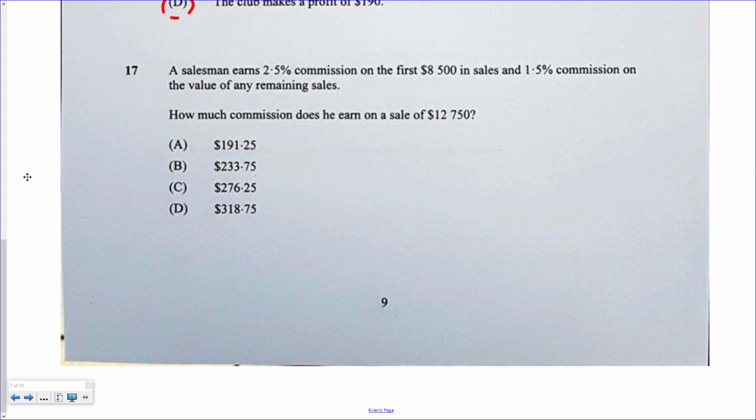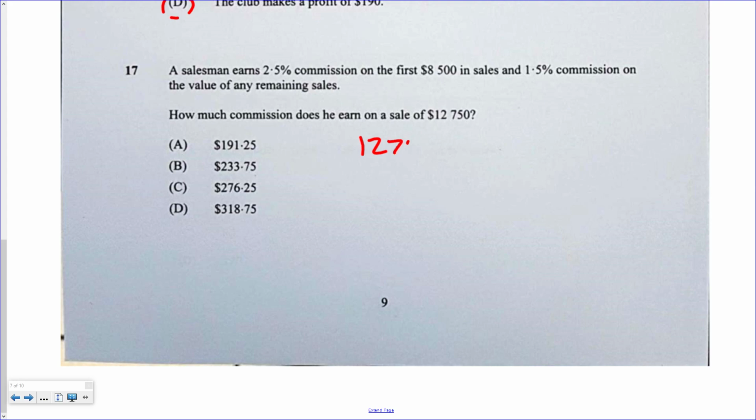Question 17. Here we have this car salesman who has a commission rate by stages. So what they're saying here is we've got 2.5% for the first 8,500 in sales, and then 1.5% for everything after that. So what we need to do here is split into 2 parts. So the first $8,500 and everything left over. So let's just find how much over we went.